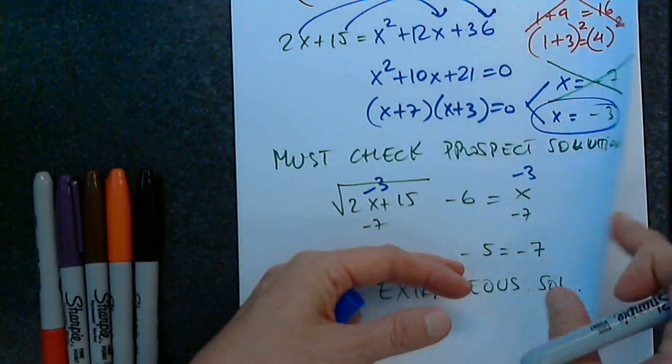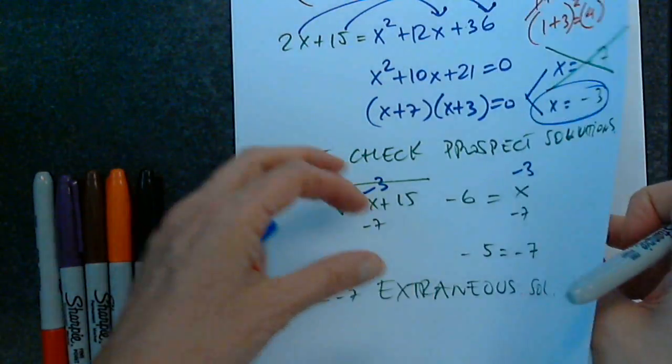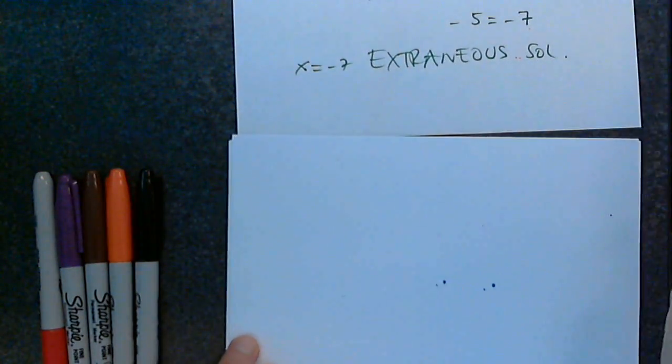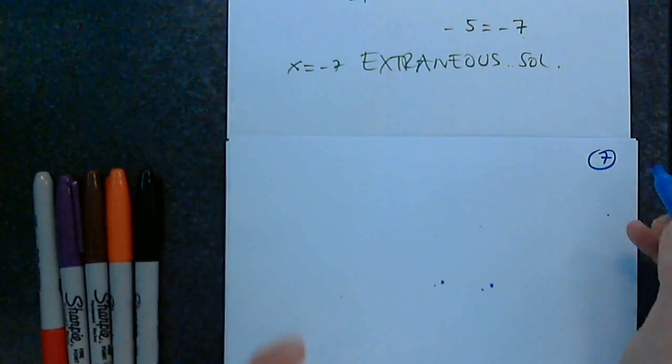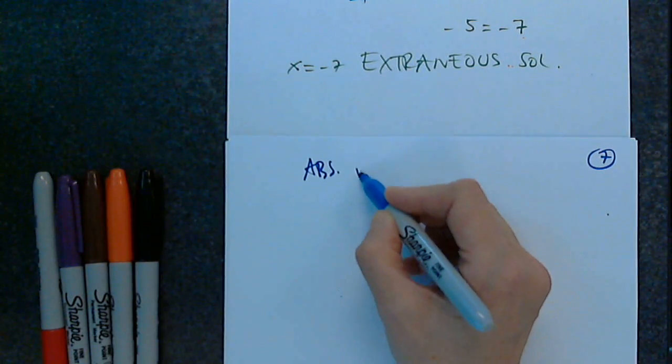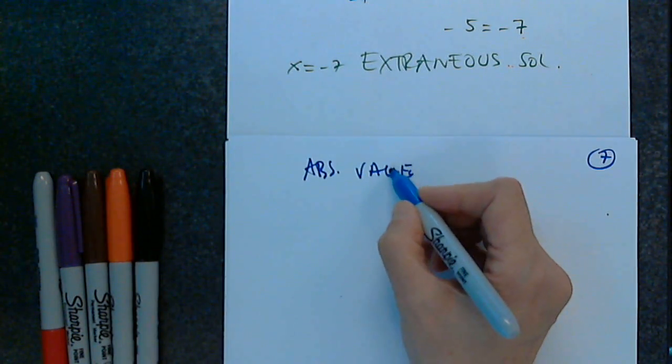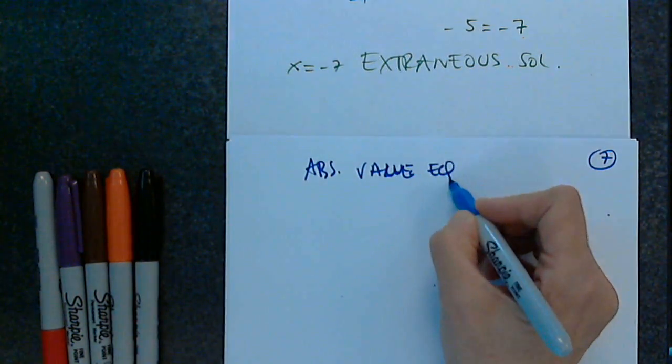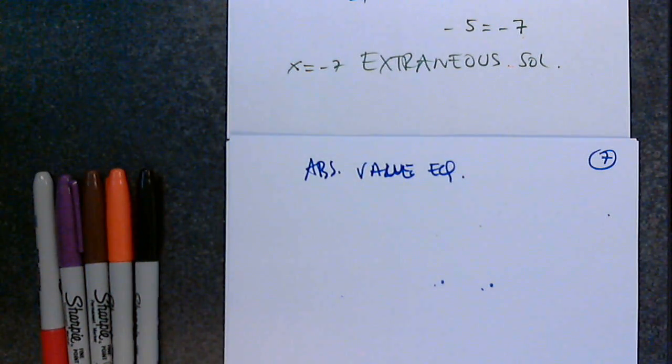Wow. I talk too much. Okay. I will not have time to solve that in 2 minutes. So, okay, let's look at the absolute value equations. Absolute value equations, that we can do in 2 minutes.